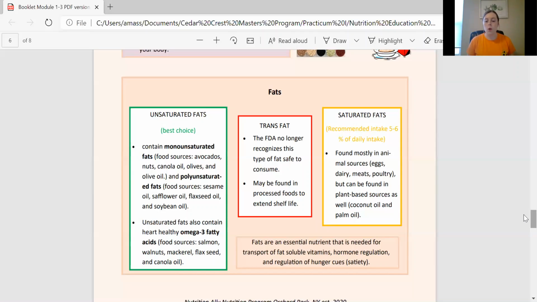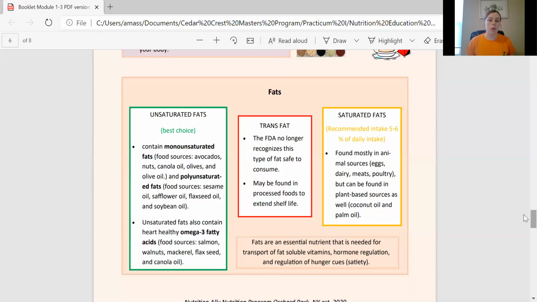But besides hormone regulation, they also help transport fat-soluble vitamins, which are A, E, D, and K. So if you didn't have enough fat in your body, you wouldn't have a means of transporting these essential nutrients to your different cells, keeping you flourishing and functioning. And vitamin A is really important for your eye health.